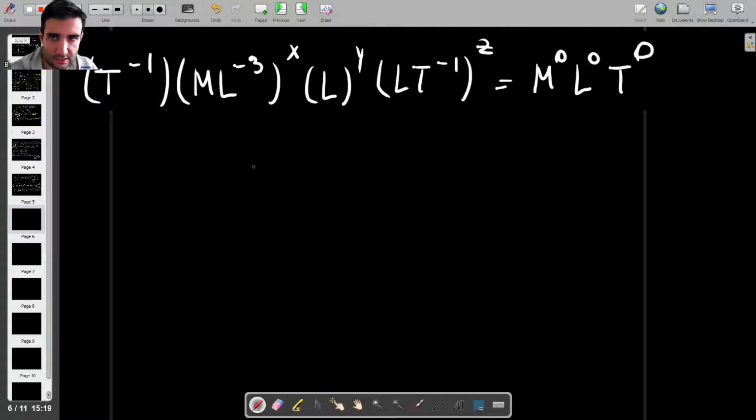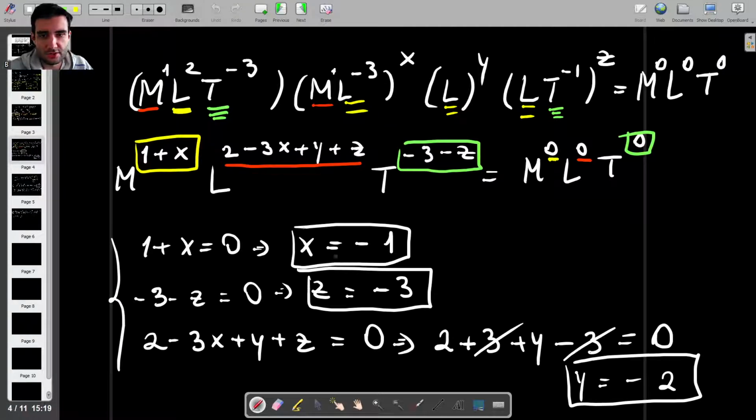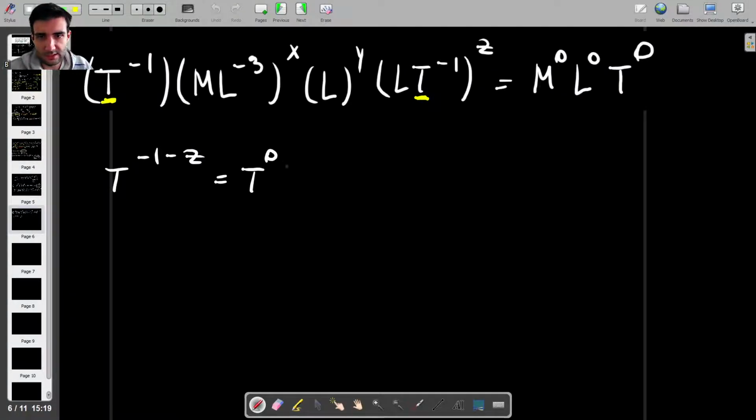In this case, we have T here and we have T here. So this is going to be T to the minus 1 minus z, and that has to equal T to the 0. It's the same procedure that we applied before, which means that minus 1 minus z is 0, which means that z is minus 1.